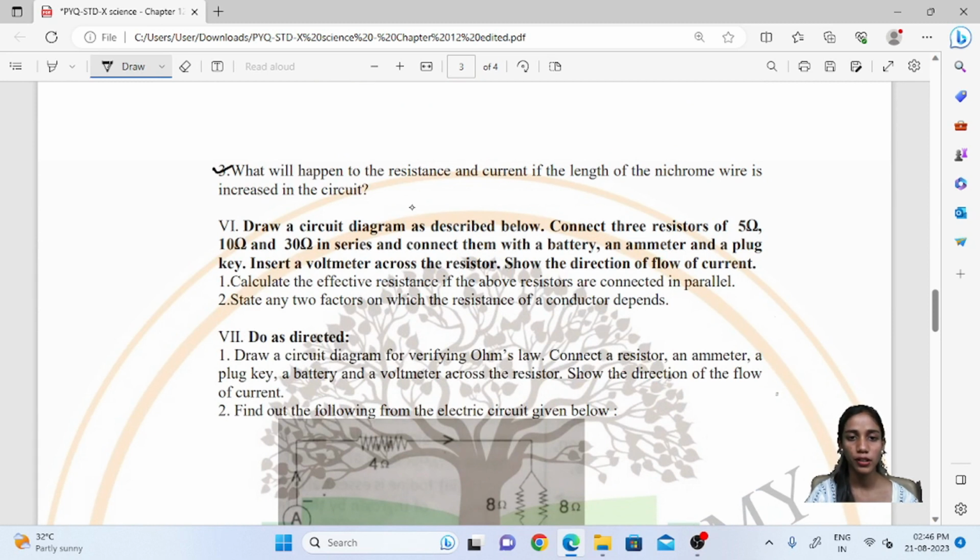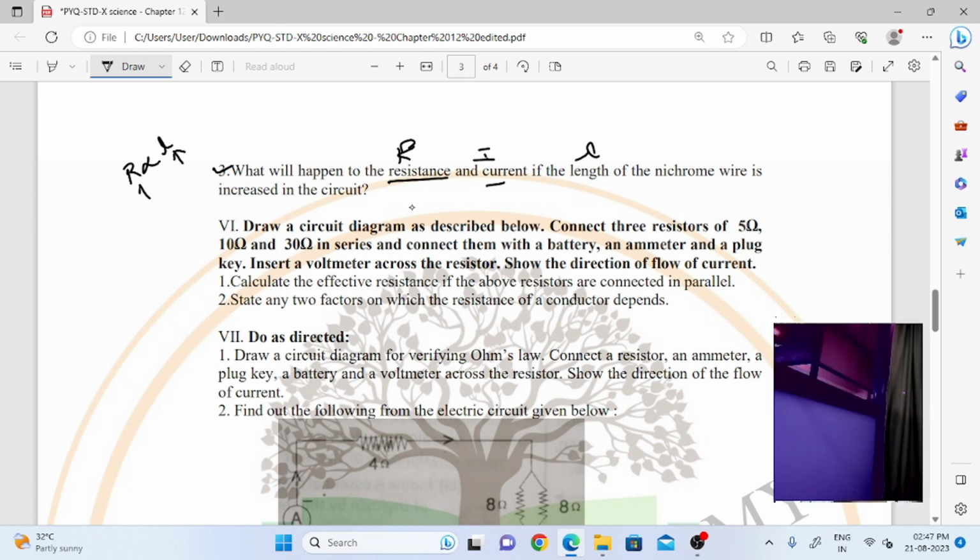Now pay attention to this question. What will happen to the resistance, that is R, and the current, that is I, if the length of the nichrome wire is increased in the circuit? So which formula do you have to apply over here? We have studied that the resistance is directly proportional to the length of the conductor. If the length is increasing, the resistance will increase.